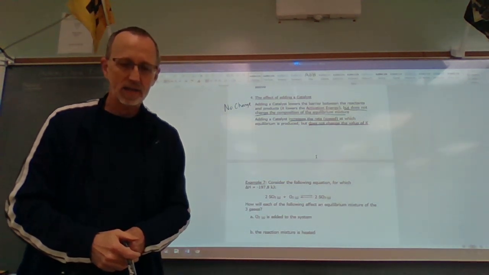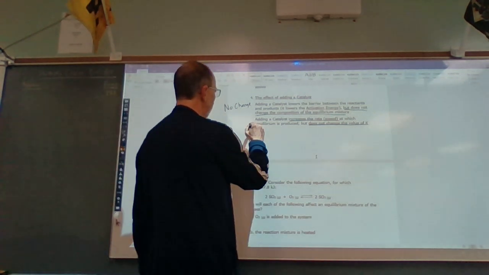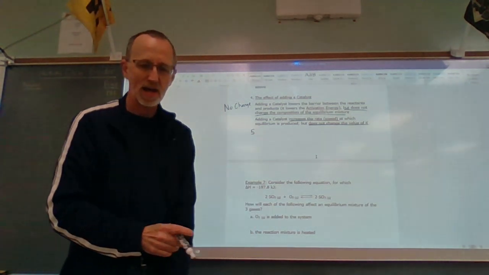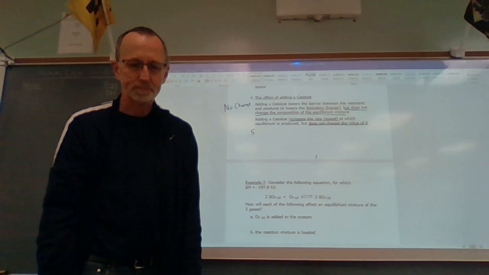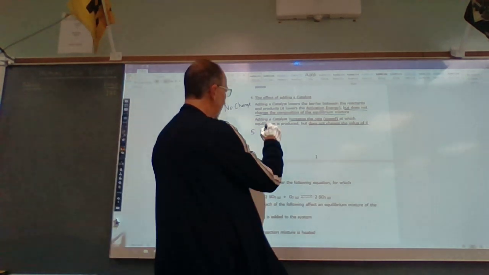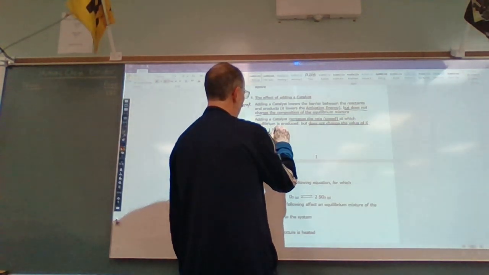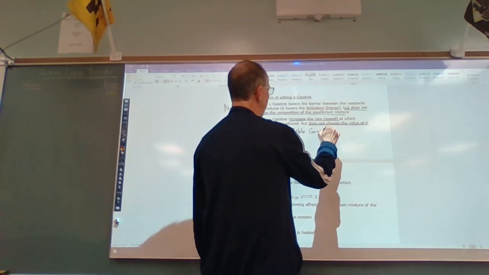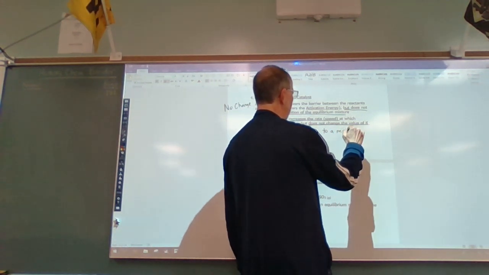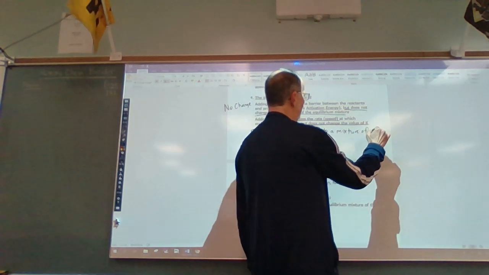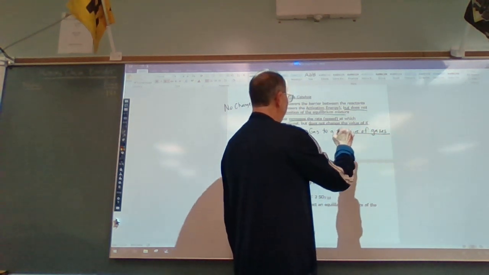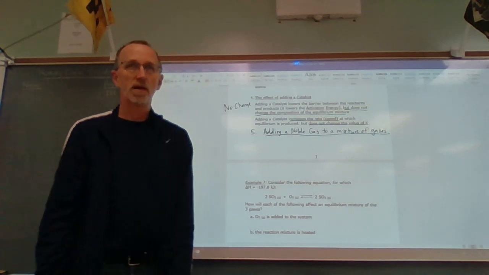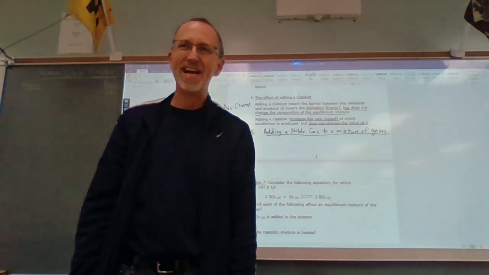I want to add one more thing. We're going to add a number 5: adding a noble gas to a mixture of gases. So this involves reactions that involve gases only.